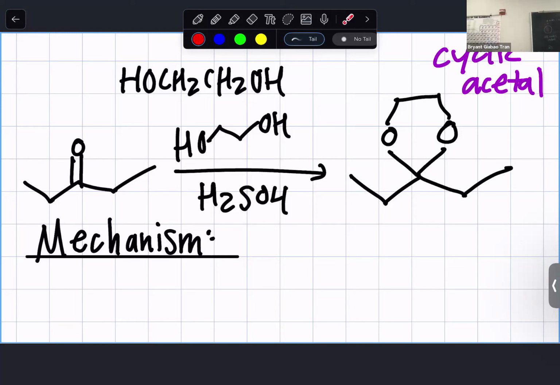What we have to do is activate this carbonyl, make this into a stronger electrophile for this weak nucleophile to attack. So think of it like this. This right now is a weak electrophile. This is a weak nucleophile. They can't react with each other. If we wanted them to react, one of them has to be strong. We can make this into a strong electrophile by activating it.